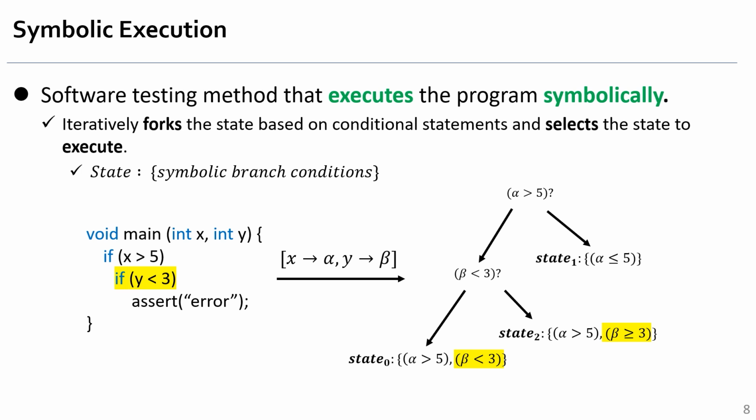So state 0 forks again, and its state will be updated with the branch conditions again. Symbolic execution repeats these sequences until the time budget expires or there are no more states to execute. In this example, a total of 3 states can be generated and symbolic execution moves to the next step.